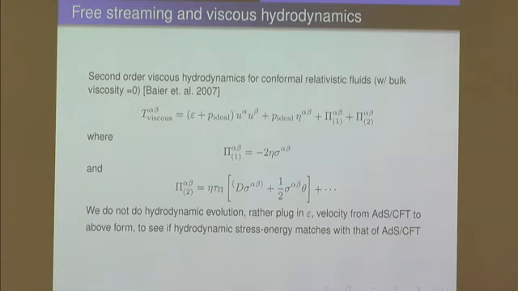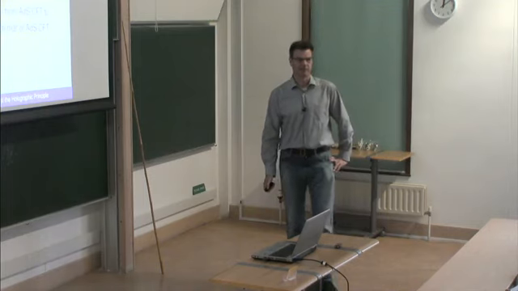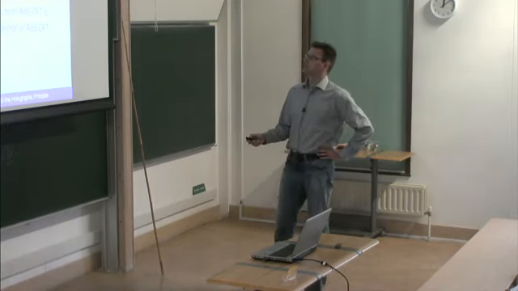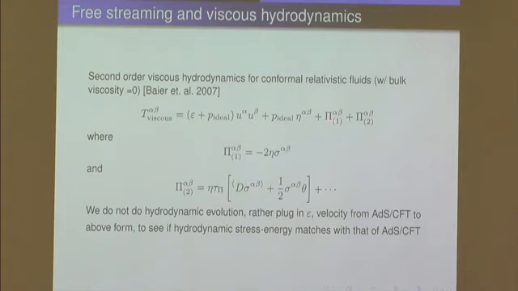So there's the ideal term and the viscosity term, and then at second order, the basic information is that you want to preserve causality, so that information does not flow at the speed of light, but at finite velocity, and that is associated with a relaxation time scale that gets introduced.